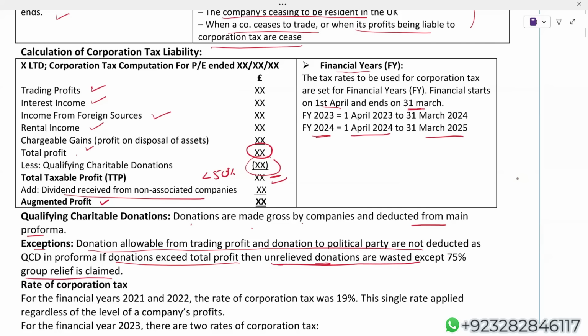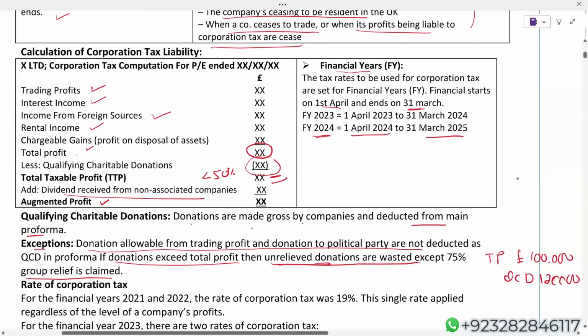if 75% group relief is claimed. For example, the total profit is, let's say, 1 lakh, and assume the qualifying charitable donation is 120,000. Normally, 20,000 of qualifying charitable donation will be wasted.